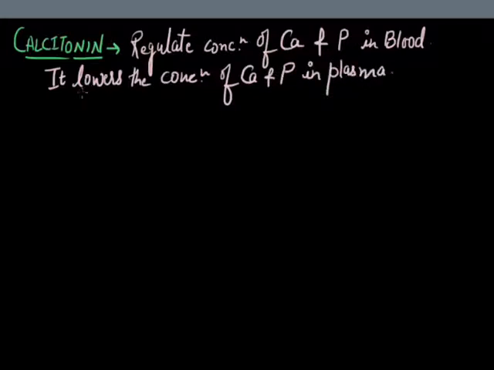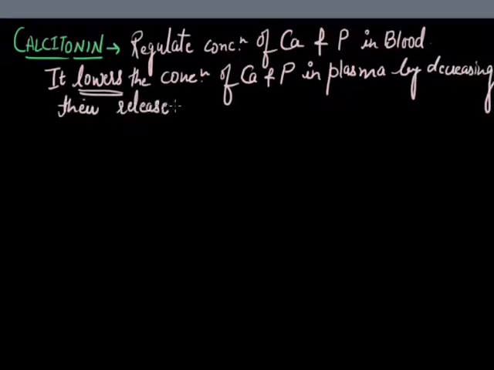This is the most important point: it lowers the concentration of calcium and phosphate by decreasing their release from the bones. Thus, this is the main function of calcitonin, to lower the concentration of calcium and phosphate.